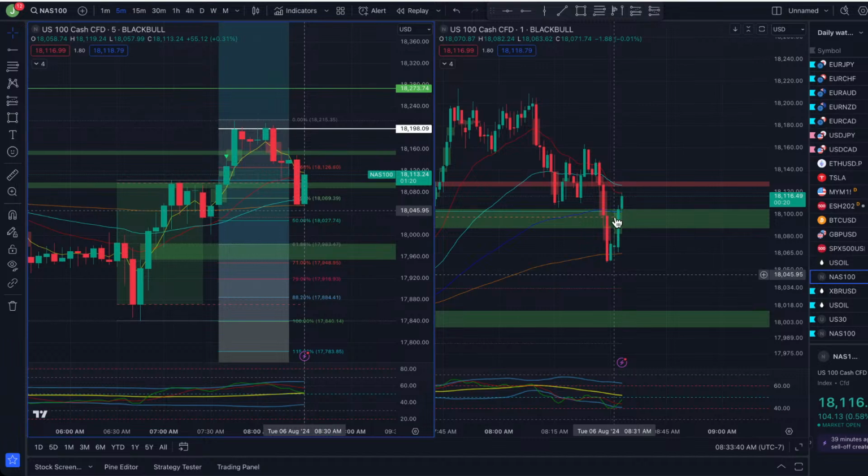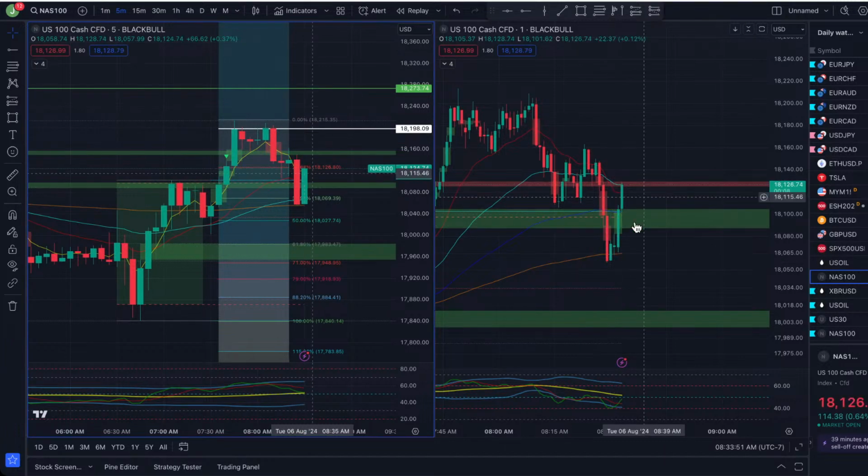Now this is the fair value gap we're waiting for, the bullish fair value gap. We got the low, fair value gap, 13 seconds, and this will be set, and then I'd like to see it duck into this and just push up.